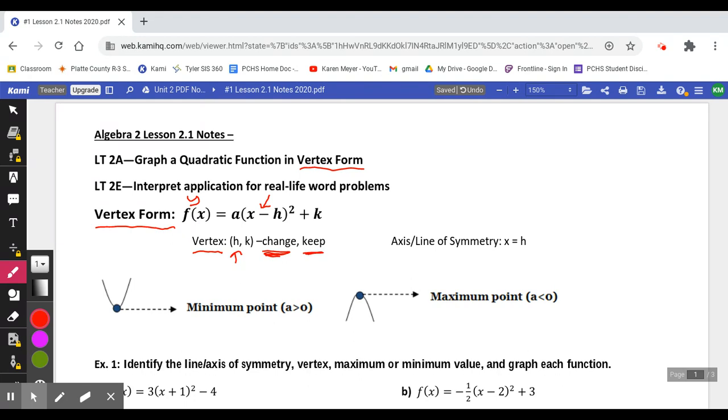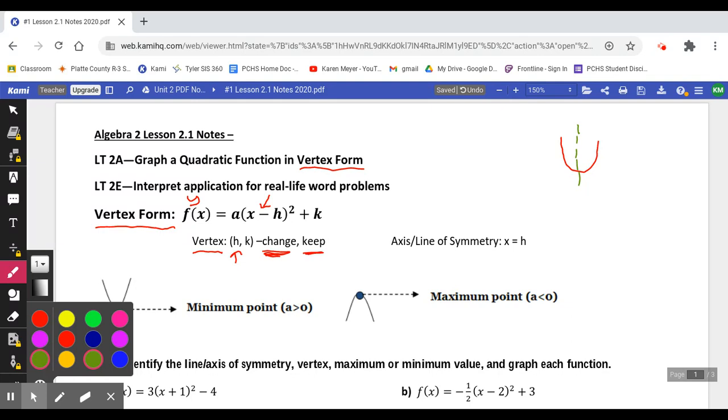Now remember, quadratics, when you graph them, are going to be a U-shape. And a U-shape, if you were to draw a dashed line right down the middle of the U-shape and fold it over, then the left and the right side should match.